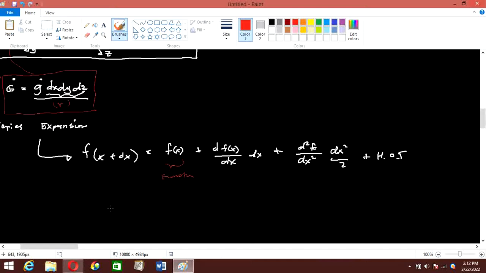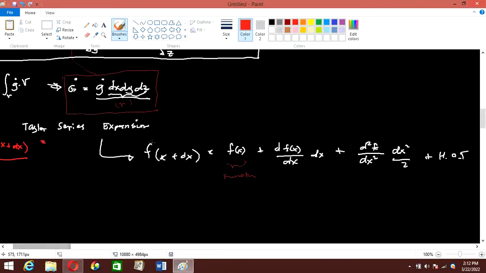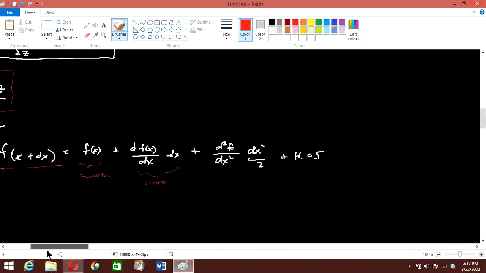So using the Taylor series expansion of this expression, the expansion is equal to the function, plus this term here, which is what we call the slope, and then the last terms, this part, are the higher order terms.